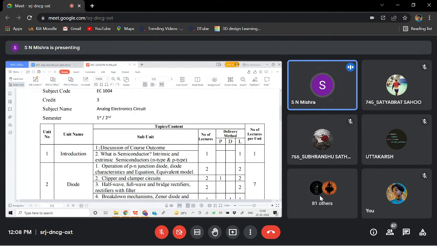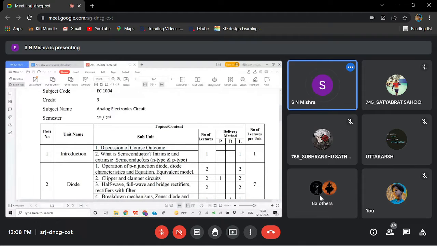The first class, yesterday, we discussed the marking scheme and all. Today we'll discuss the course outcome. Course outcome means once you cover these modules and this course, what you learn. What is the objective, and after finishing these modules, what you are able to do, that decides the course outcome.